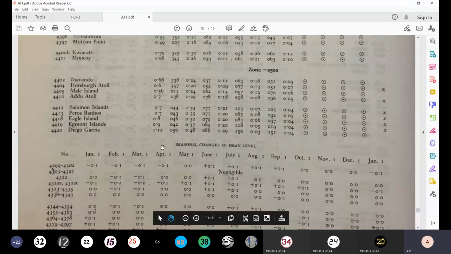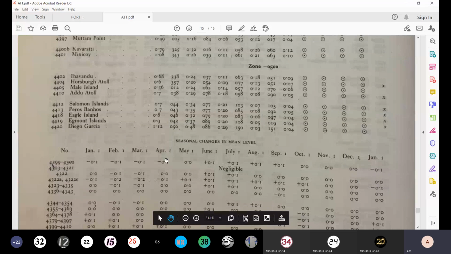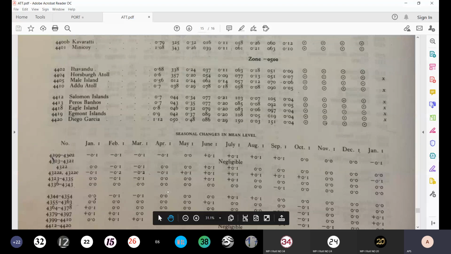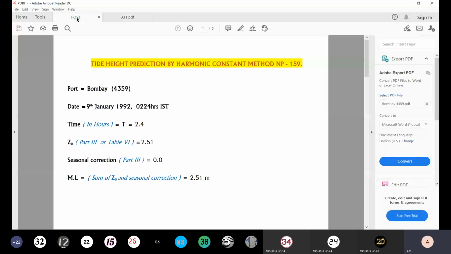So get seasonal correction from here, bottom of the page. Sometimes it is to the left of the page or right page. So one page before or after also you check if you don't find it on that same one. So write for January 0.0 seasonal correction.